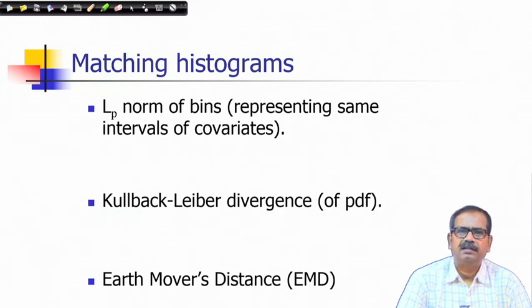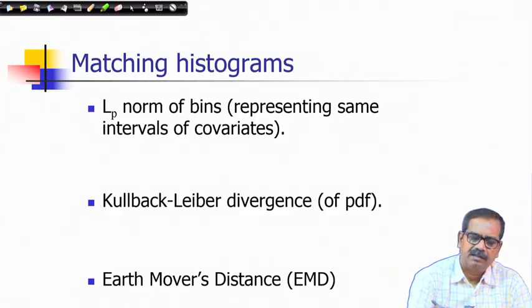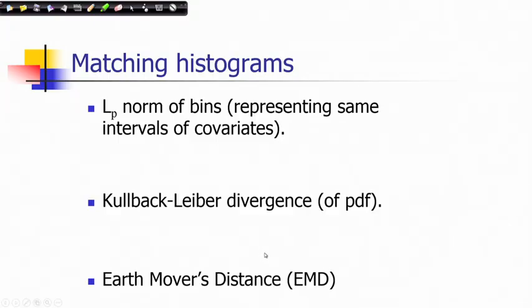So, there you can use the usual distance functions we discussed in the previous case also, like LP norms, with respect to the corresponding bins. Usually the L1 norm is used most for representing these histograms, that has been found, but you can use any other norm.